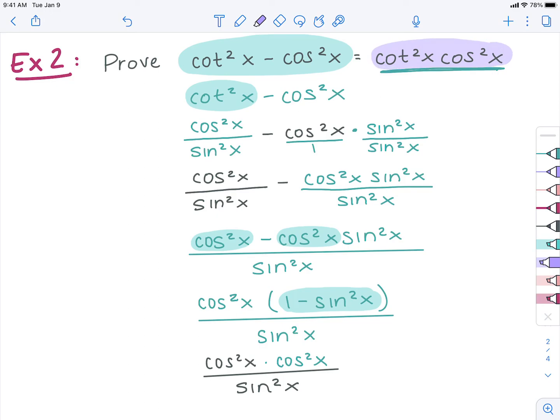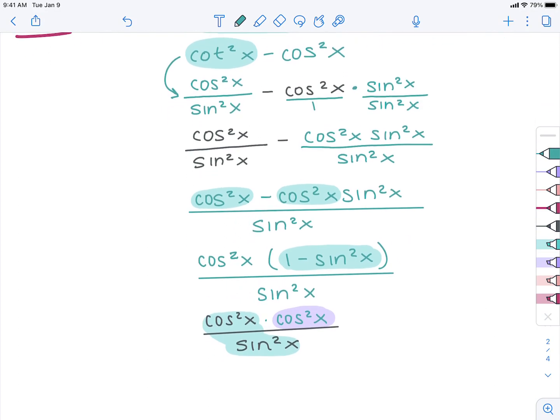So I can already kind of see I have a cosine squared x, and I also have a cosine squared x over sine squared x, which we said in the beginning was exactly what we changed cotangent squared to. So we're just going to go backwards now and change this cosine squared x.